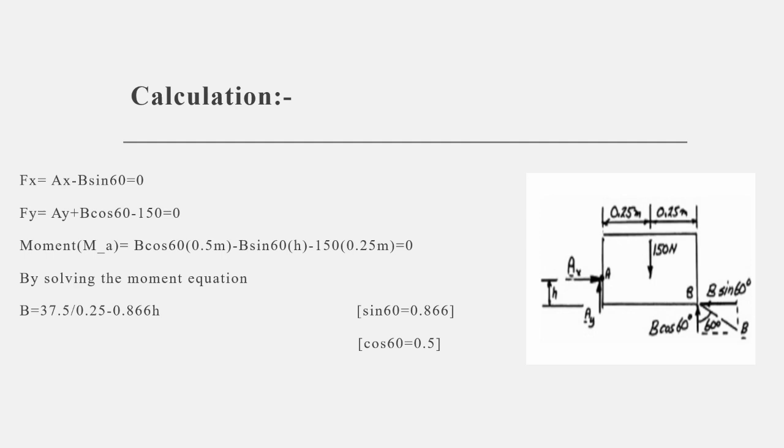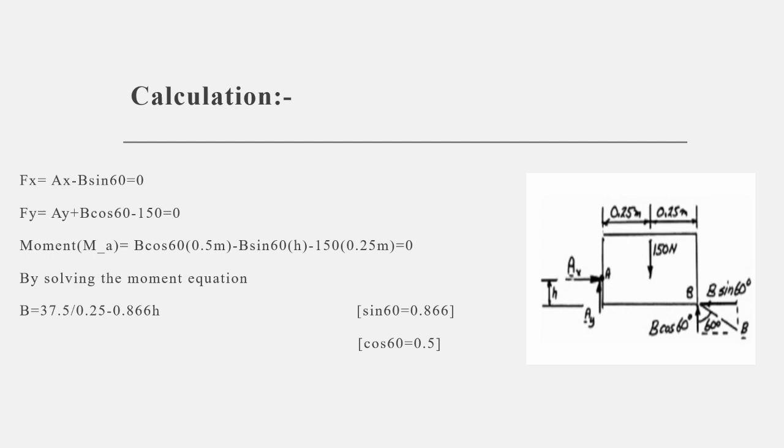And next we need to find the moment about A. What is moment? The perpendicular distance times the force. We will not consider Ax and Ay because we are taking moments about this point. The other forces are B cos 60, B sin 60, and 150 newtons. As the 150 is going downwards, it is negative, and the distance is 0.25 meters, so we take minus 150 into 0.25.